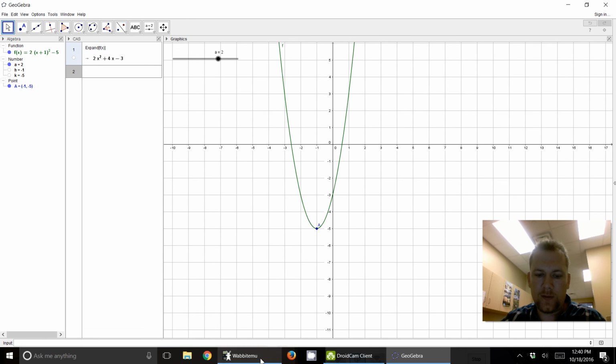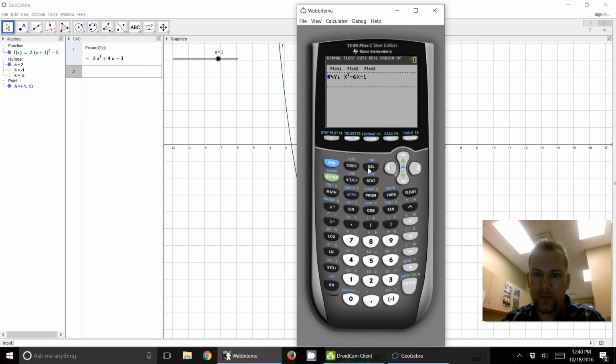And then of course, if you don't have that handy, you just put your standard form thing in here. 2x squared plus 4x minus 3 is what we had. Yeah, it's right there. And then we set our window up.